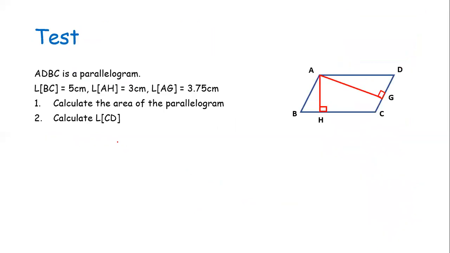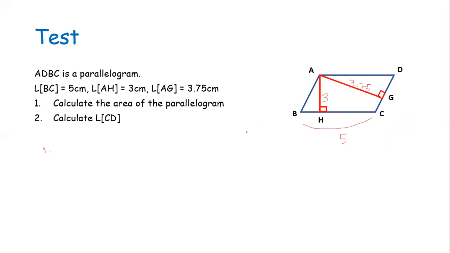Let's take a simple test. ADBC is a parallelogram. The length of BC is 5. The length of AH is 3. And the length of AG is 3.75. Now, first of all, we need to calculate the area of the parallelogram.